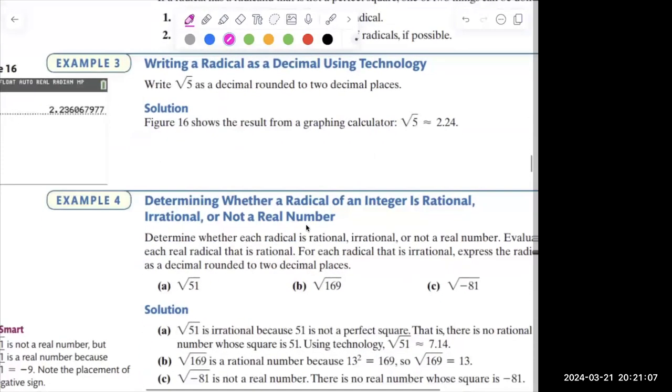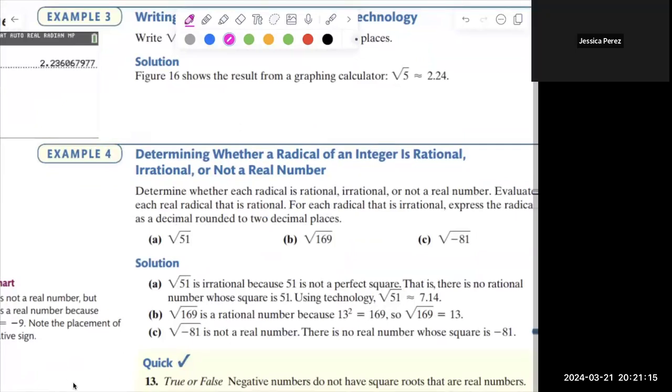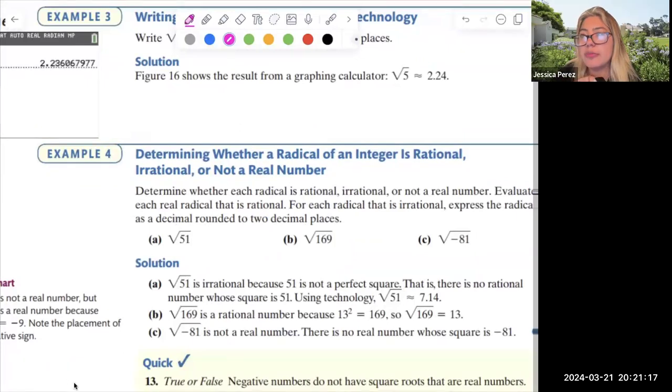Okay, so example 4. The square root of 51 is not perfect. How do I know whether something's perfect or not? Well, if we remember, 1 squared is 1, 2 squared is 4. Is 3 perfect? No, because no real number will give me 3 as an answer. 3 squared is 9.